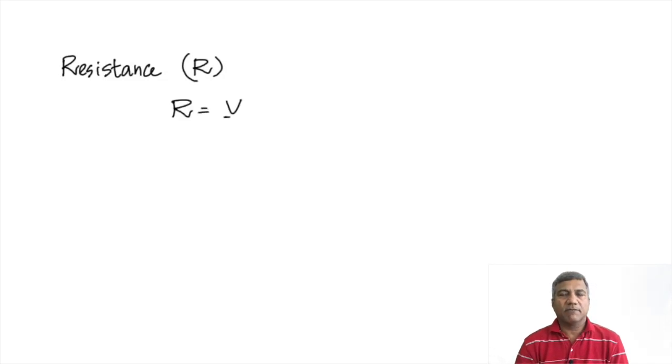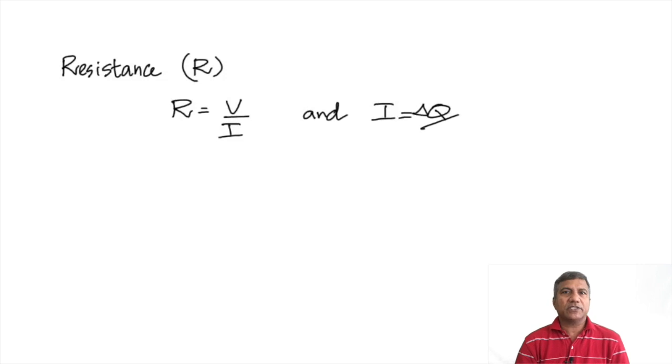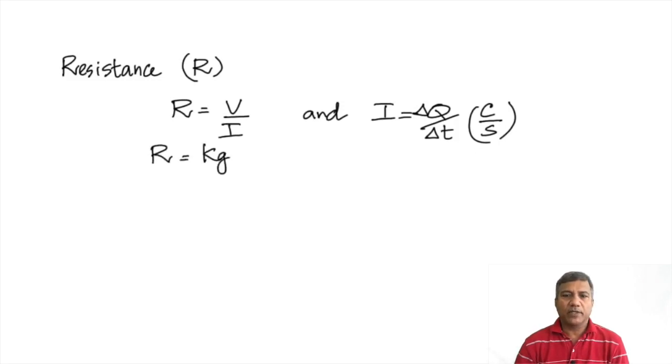Resistance is volt per ampere, by Ohm's law. And current is actually rate of flow of charge. That means current is charge flowing divided by time. So the unit is coulomb per second for current.